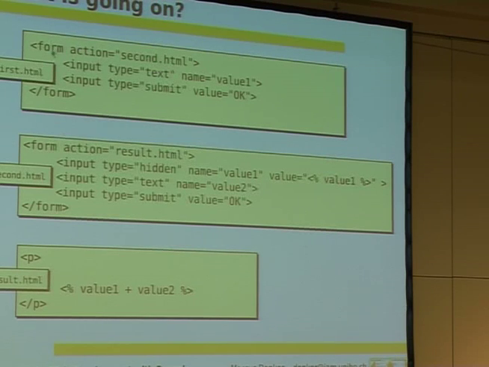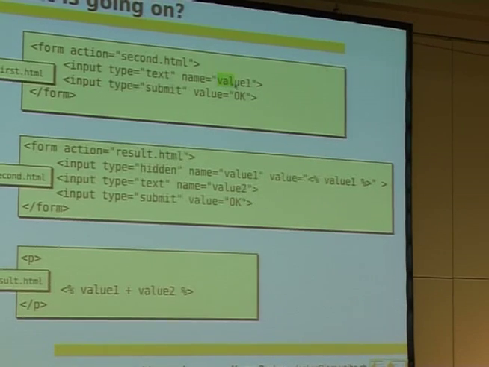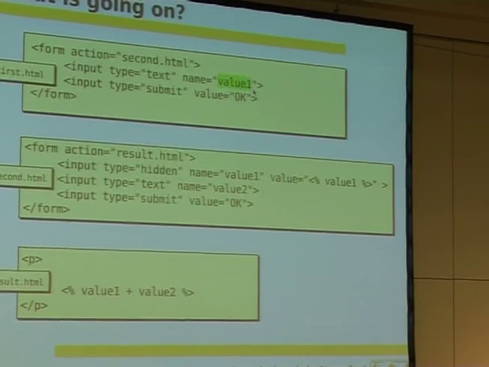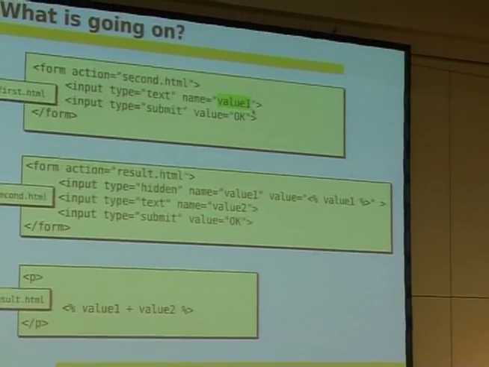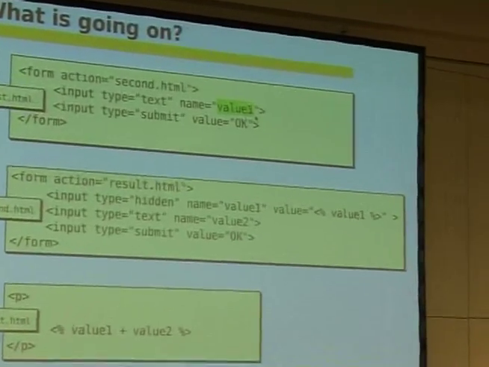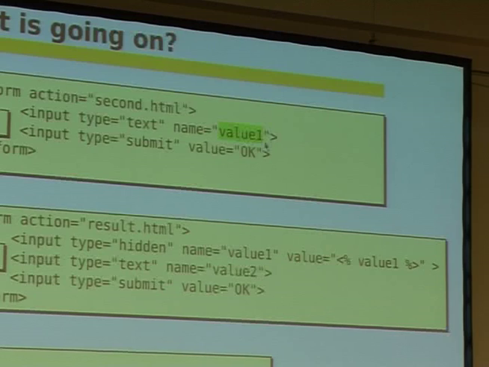So we have a first template called first.html that just renders the input dialog with a submit button. And the text input is then given over to the second script as a parameter called value1.